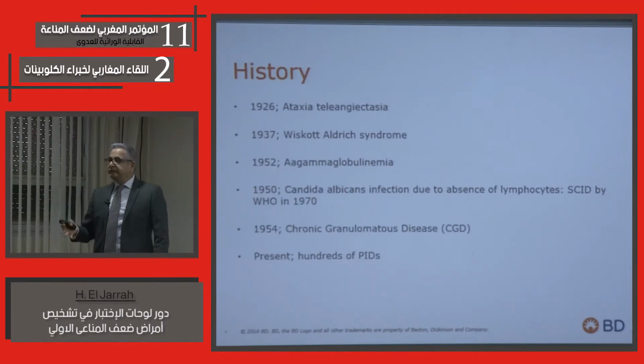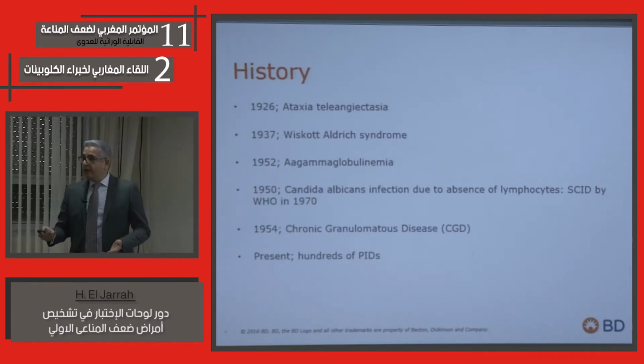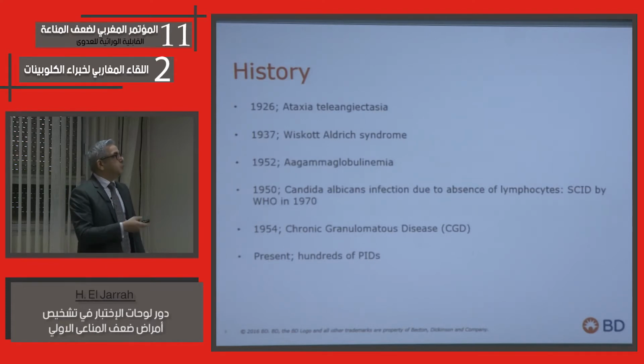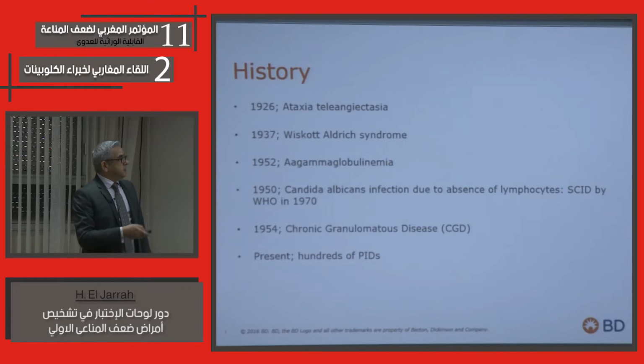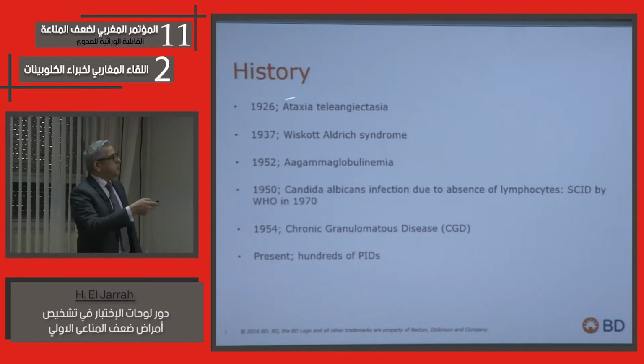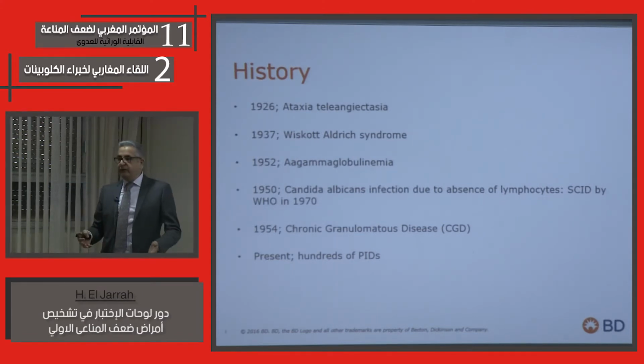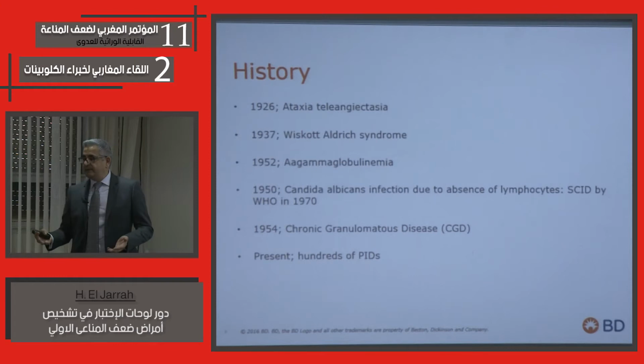Now, historically, we started knowing about autoimmunity from the 1920s, starting with ataxia telangiectasia, and as time passed, we got to know more and more primary immune deficiencies, and at present we know that there are more than 300 different types.